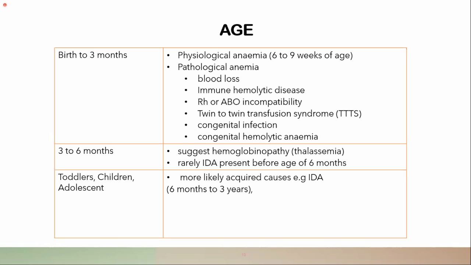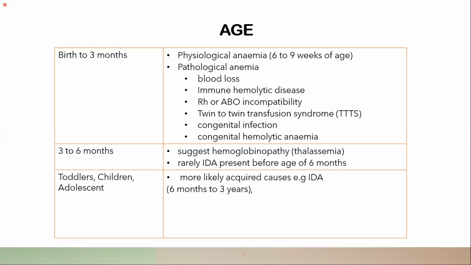Rarely we can find IDA at this age because usually there is exclusive breastfeeding, and breast milk is already adequate to give the iron supply. At this age, we can also think of hemoglobinopathy. However, thalassemia is usually diagnosed at more than 6 months old. And for toddlers, children, and adolescents, the more likely cause of anemia is IDA.